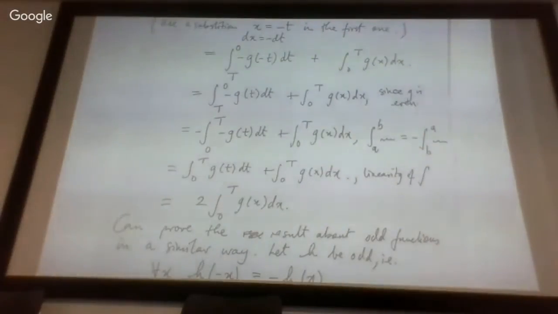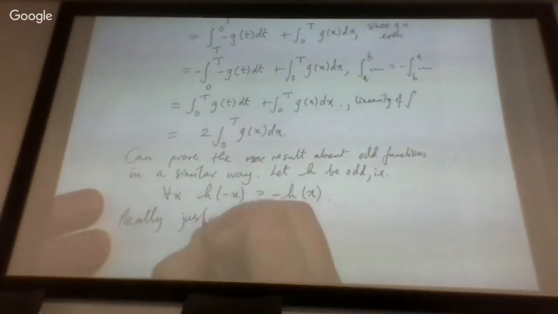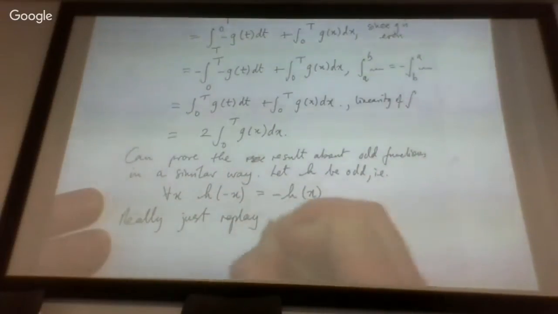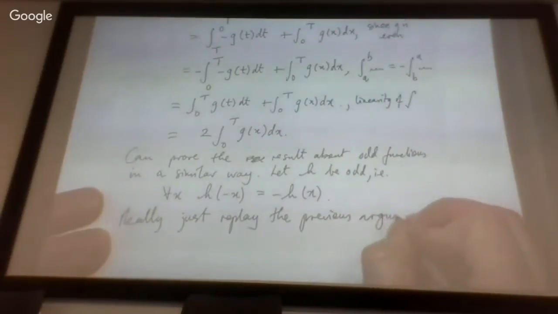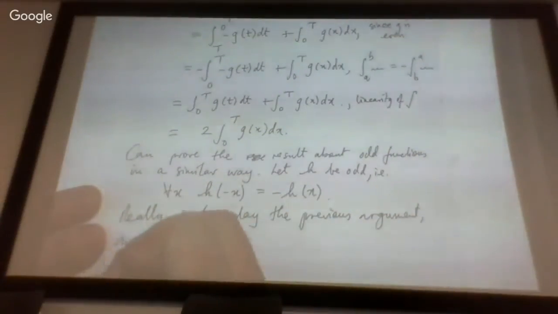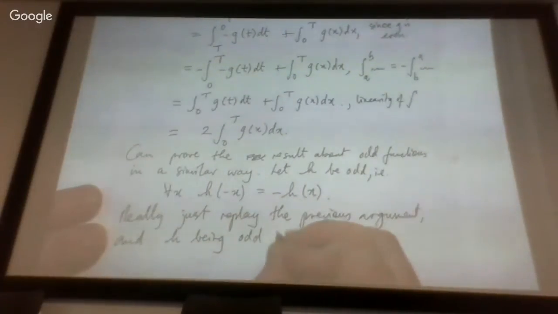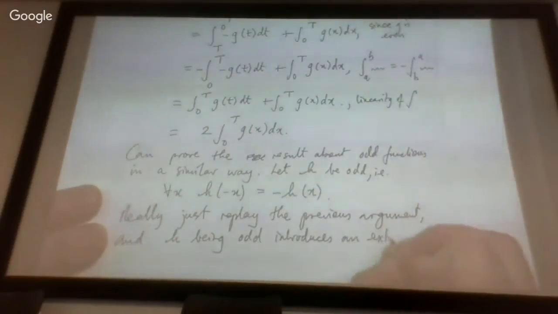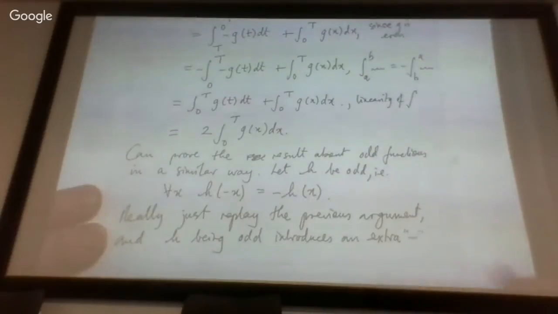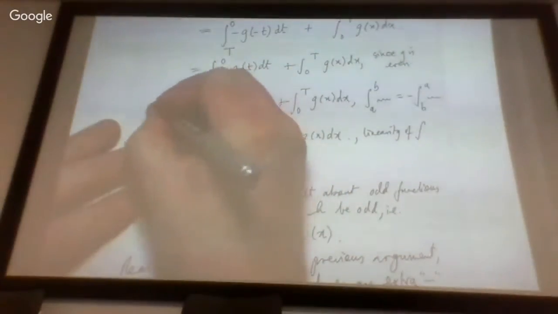So really just replay the previous argument, and h being odd introduces an extra minus sign at this line, so let's label this one here, star.